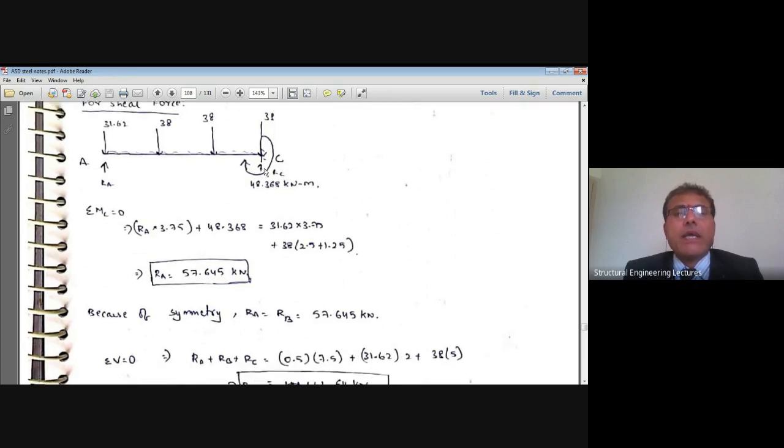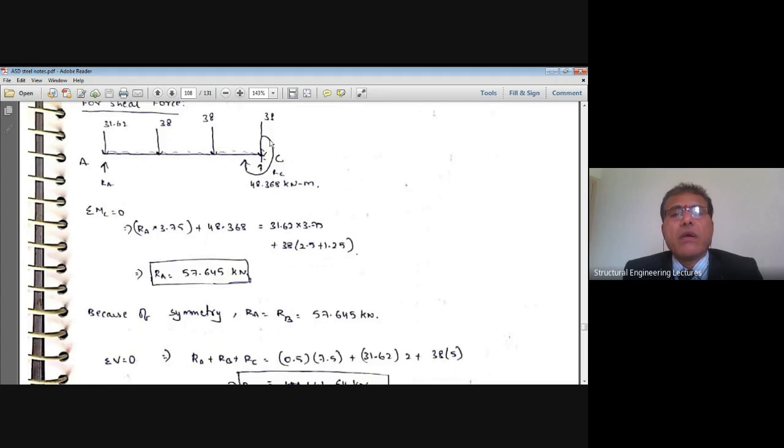Then I'll take the sum of the moments about this point C equal to 0. Doing that, RA multiplied by 3.75 is a clockwise couple, right? Likewise, 48.368 is also a clockwise couple about point C. This must be equal to the sum of the anti-clockwise couples: 31.62 multiplied by 3.75 distance, plus 38 at a distance of 2.5 meter, plus another 38 at a distance of 1.25.